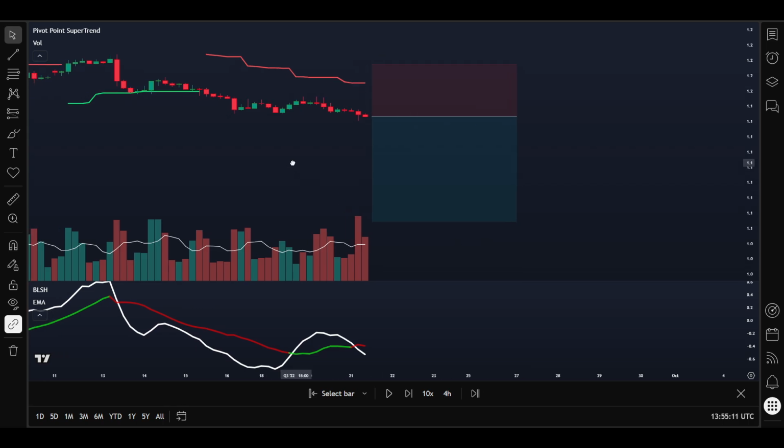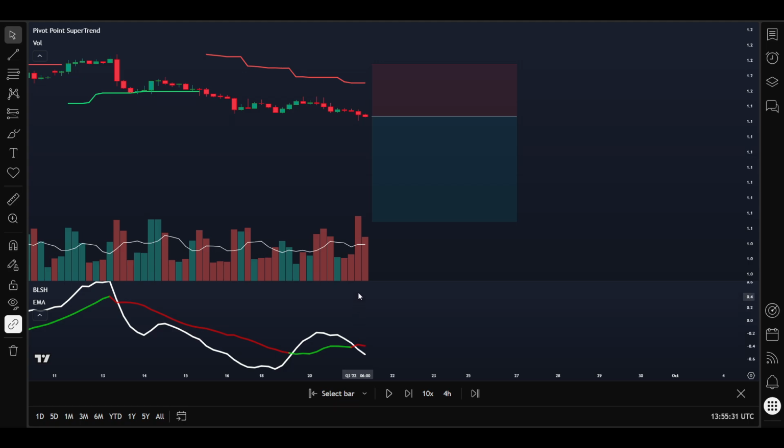Short setup checklist. First, trend and location. Pivot Point Supertrend is red and price is trading below it. You're with sellers. Second, crossover trigger inside BLSH. The white EMA crosses down through the BLSH region while the BLSH color at the crossover is red. That's your bearish switch.